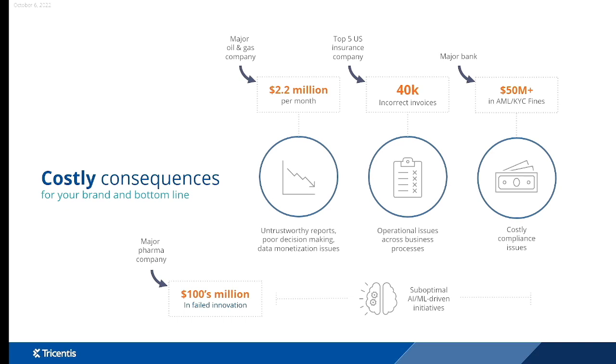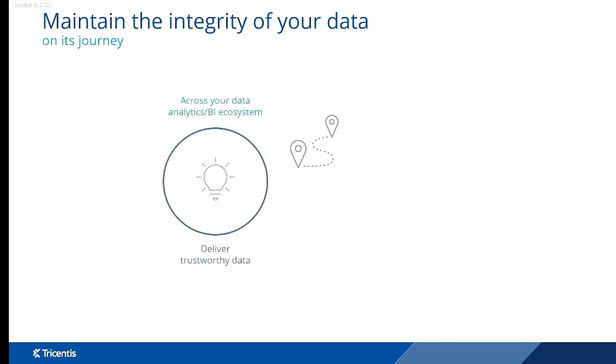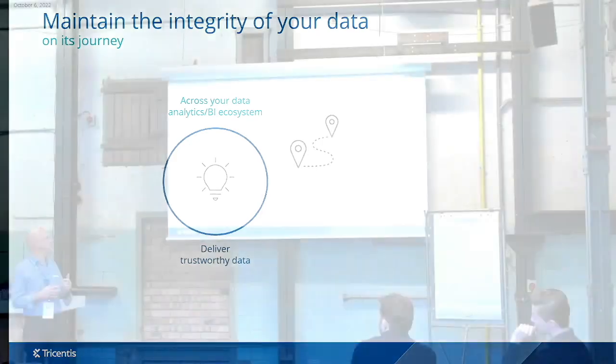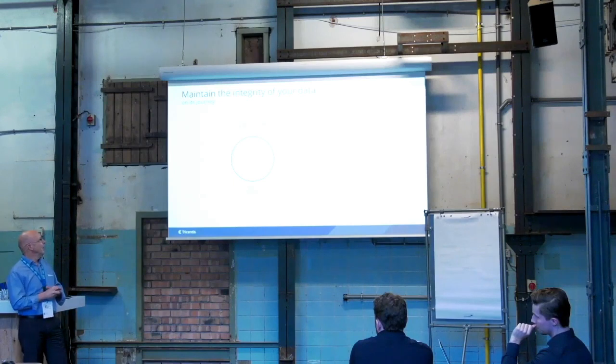So those are the consequences, and I guess out of these examples you already grasped what the main use case is. The main use case of Tricentis Data Integrity is verifying that the data in the analytical environments, in the data warehouses, but also going beyond, in the data lakes, in the reporting applications, the Power BIs, the MicroStrategies, the Qliks, the Talends, the Tableaus of this world, is correct.